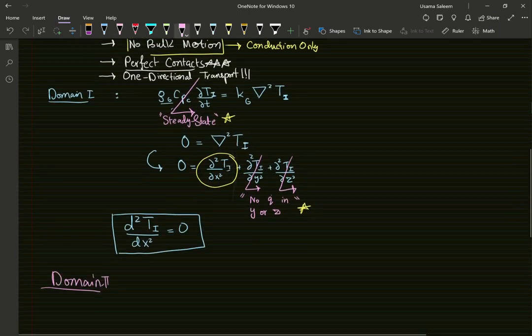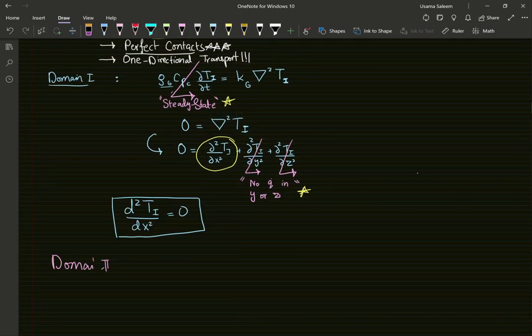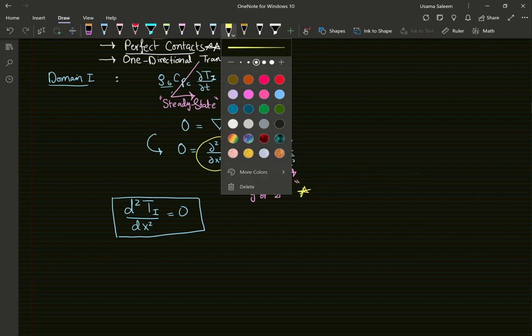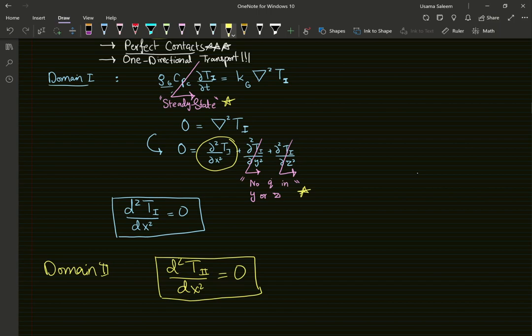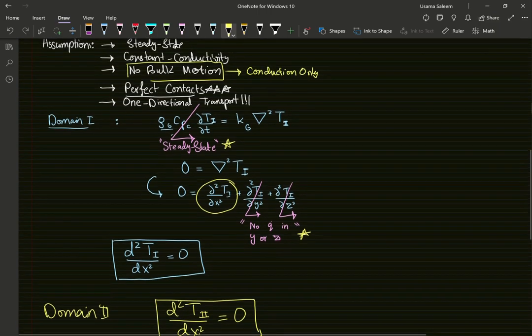Sorry, let's make sure my colors are correct. We're going to be very picky about the colors today. Domain 2 gives me this nice ordinary differential equation. And keep in mind, I've used the same simplifications, the same reasoning: steady state, one-dimensional heat conduction without any generation.